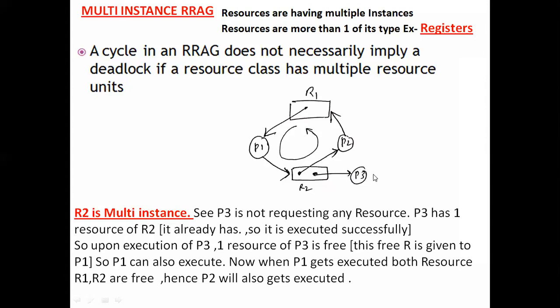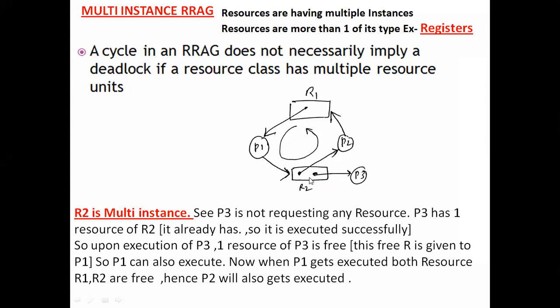So P3 can be executed successfully, because whatever resources P3 needs, it already has, so P3 can go for execution successfully.